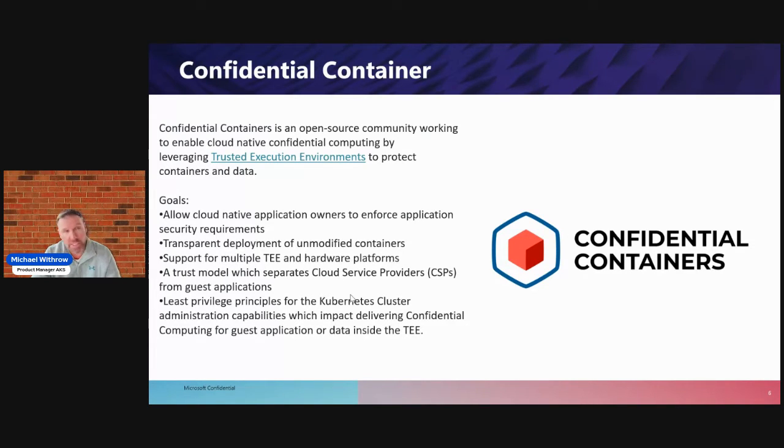You can see the goals of the open source project, which, when we brought this in as a managed solution, follows these same guiding principles: allowing cloud native application owners to enforce application security requirements, transparent deployment of unmodified containers, which I'll talk through a little bit as we go, support for multiple trusted execution environments and hardware platforms, and a trust model which separates the cloud service providers from the guest application, all along the least privilege principle of Kubernetes cluster administration capabilities, which impact delivery of confidential computing for the guest application or data inside of that trusted execution environment.